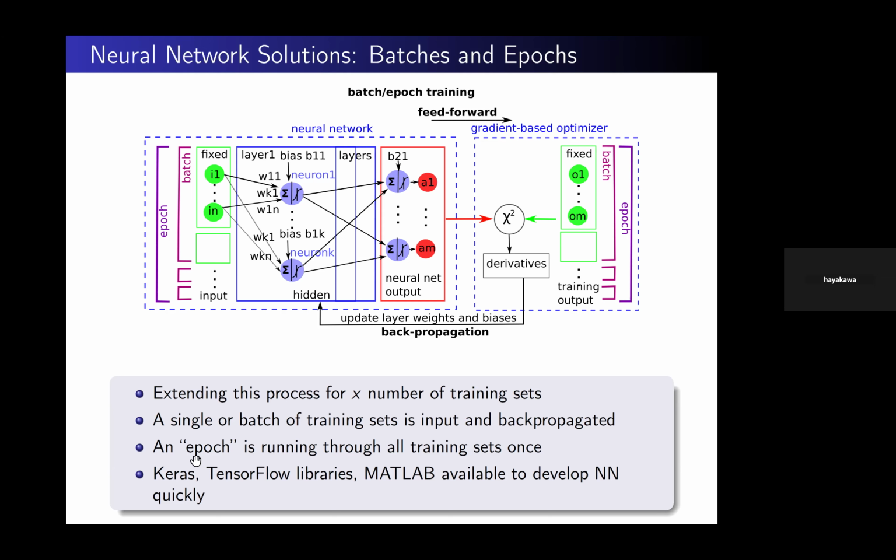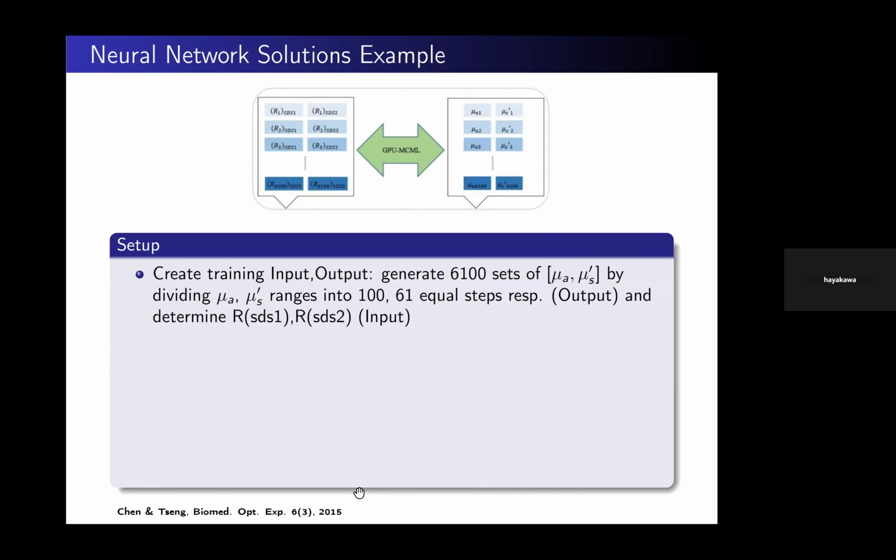The nice thing is that there's a lot of tools out there that help you develop a neural net really quickly: MATLAB, TensorFlow, Keras. MATLAB actually has a training set for you to use, and you cut and paste the commands into a MATLAB command file, and all of a sudden you're running a neural net, kind of learning by just doing.